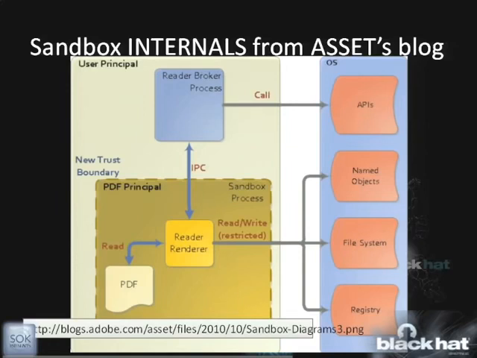Here you have the normal Adobe Reader process, which runs inside a sandbox. Adobe called this the PDF principle. We will call that the sandboxed process of the presentation. It doesn't have access to other things, to resources in the kernel and in the operating system.